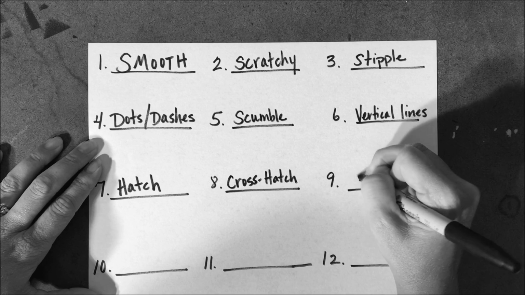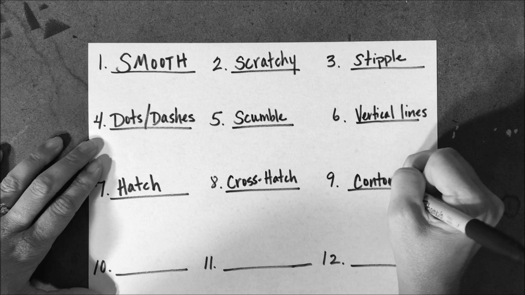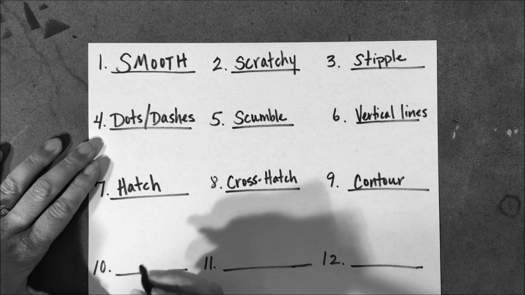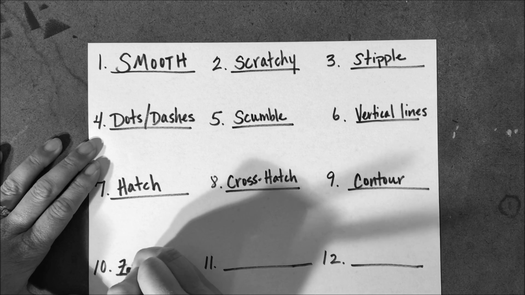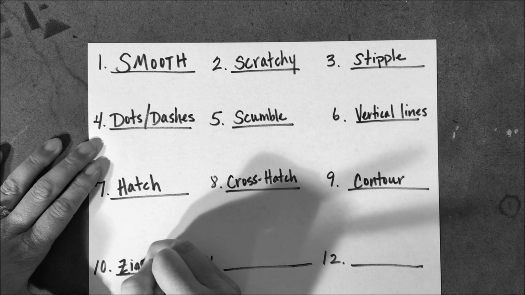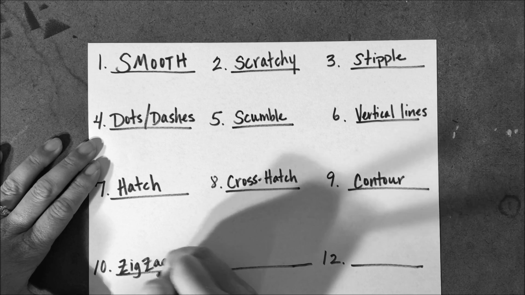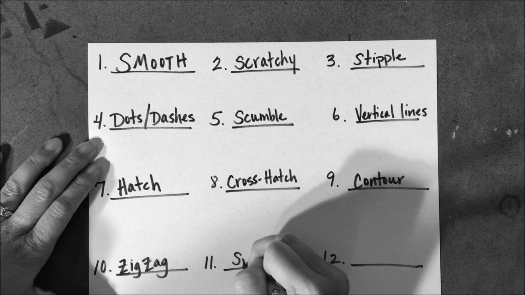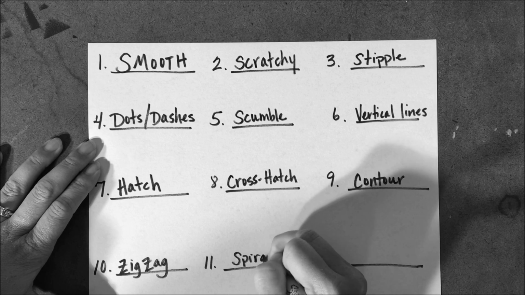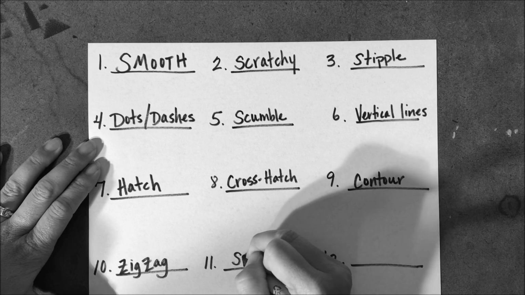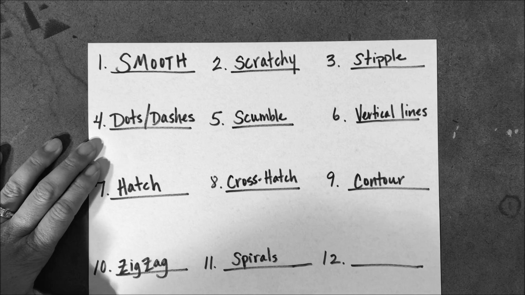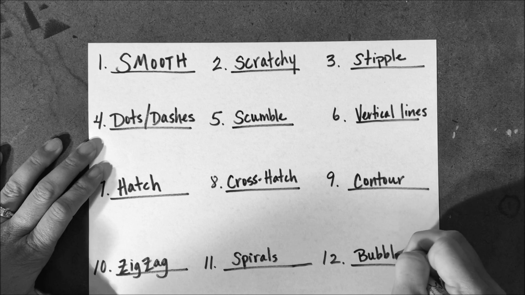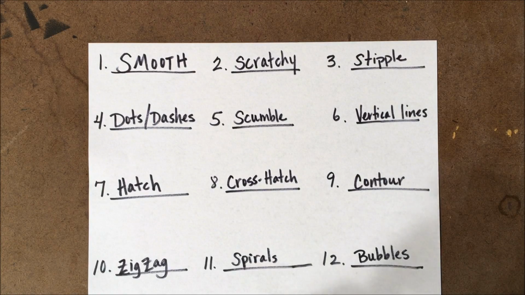Number 9, contour. Number 10, zig zag. Number 11, spirals. And number 12, bubbles. That's it. You may proceed on to video 2.